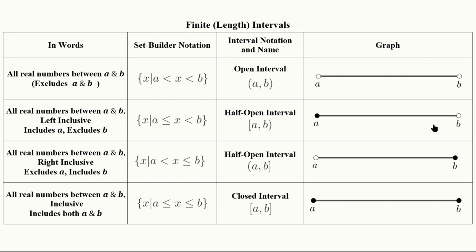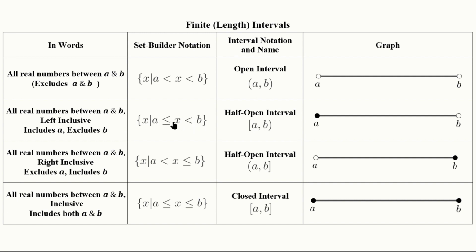So because this interval is only open on one side, we call it a half open interval, and this side would be considered closed. And the way we write that in set builder notation is all x such that x is greater than or equal to a, but at the same time less than b.